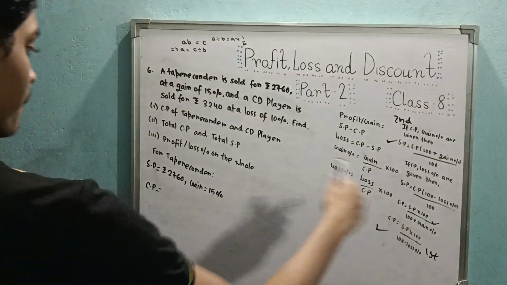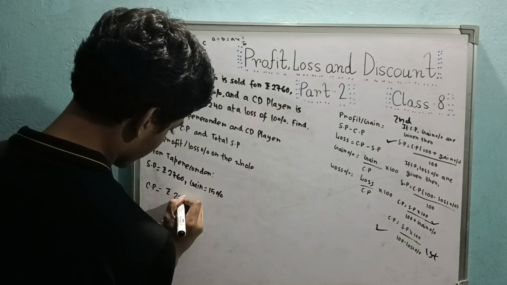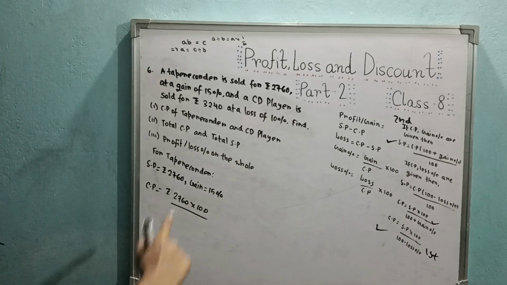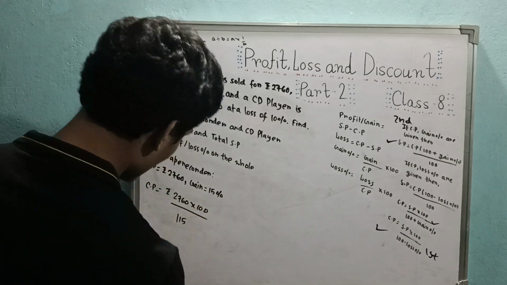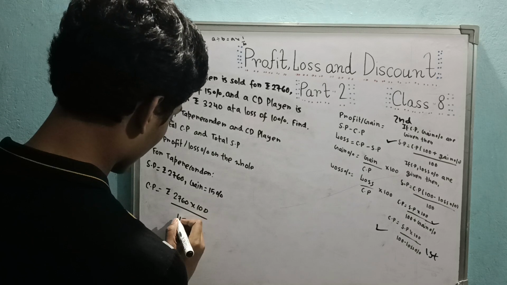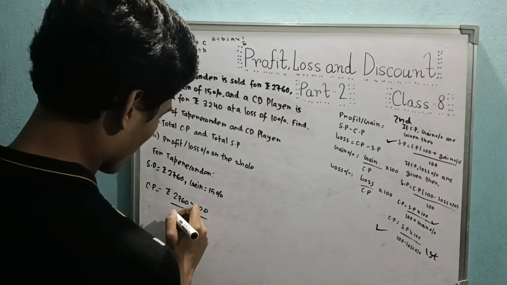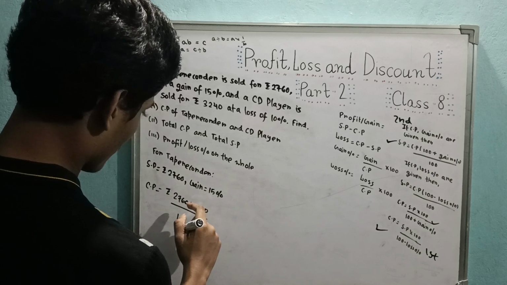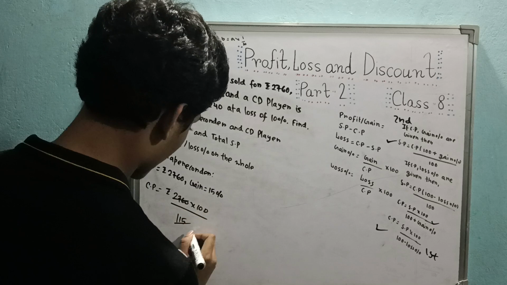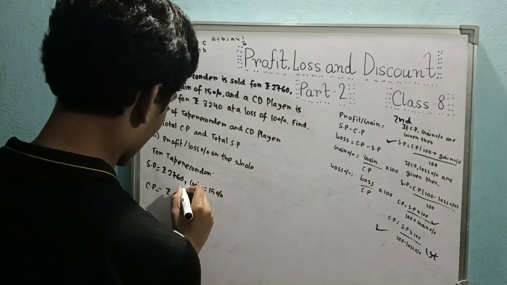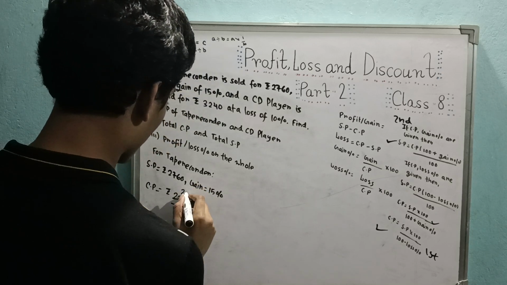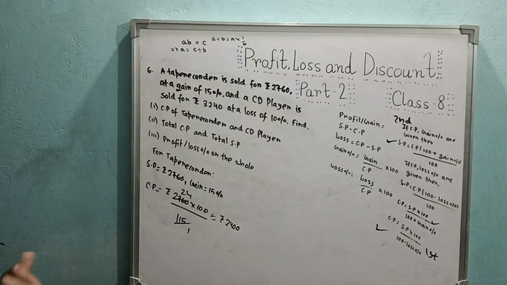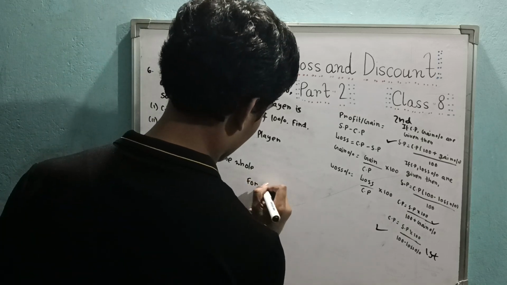SP into 100, rupees 2760, divided by 100 plus gain percent, means 100 plus 15, 115, I am directly writing. Now calculate this. Divide by this. Rupees 2400.